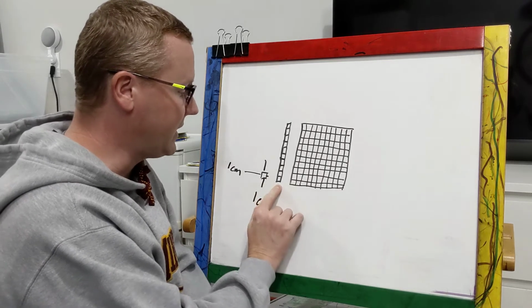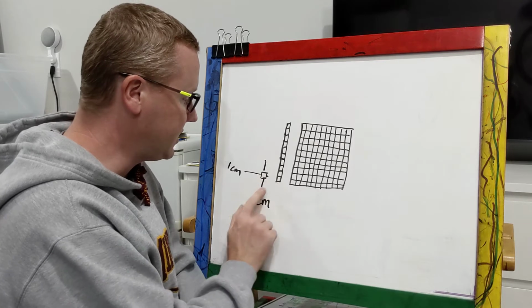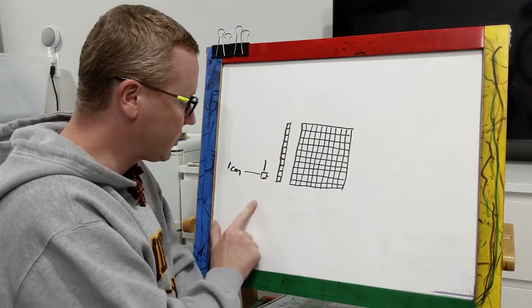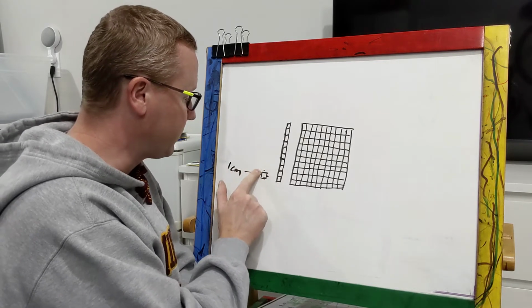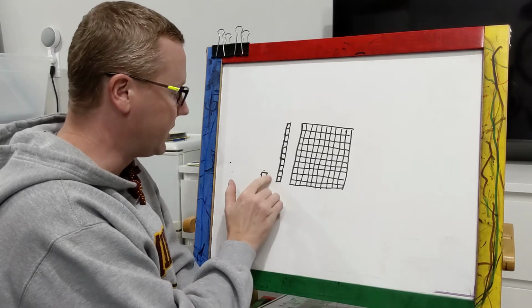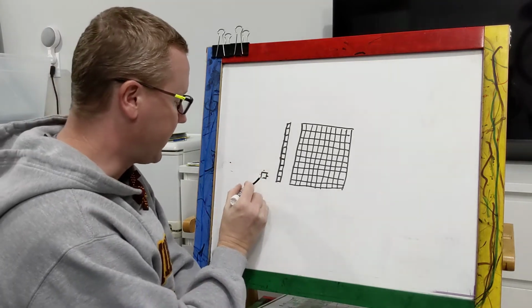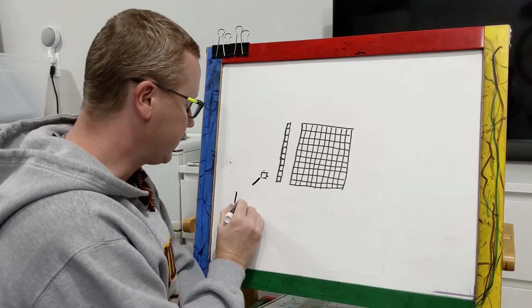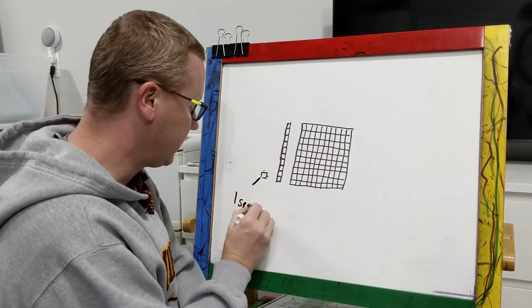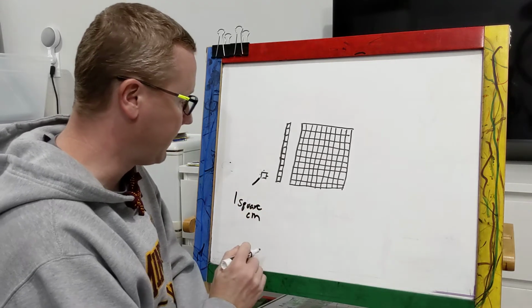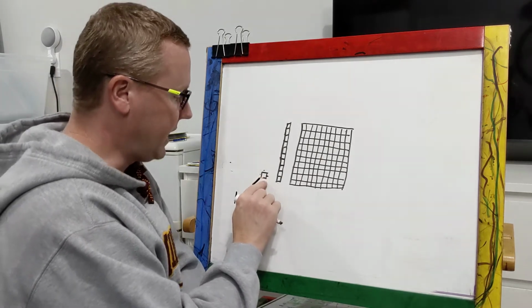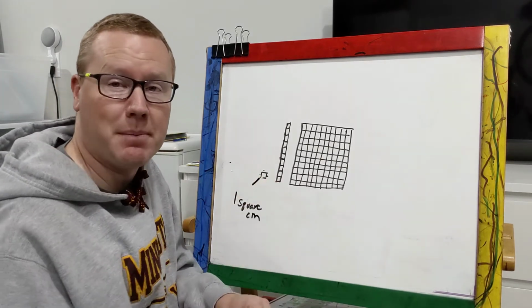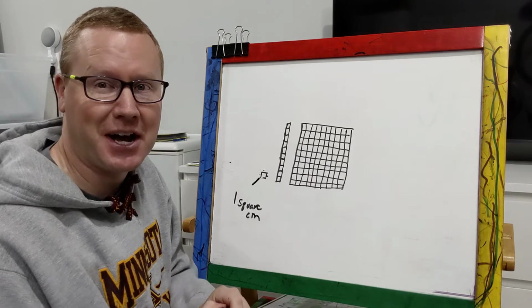Here, I'm going up now. So this is a unit, and it's 1 square centimeter, because there's just 1 square, and they're all a centimeter. So I'm just going to write 1 square centimeter, cm. This one, I've gone up by 10, a factor of 10.